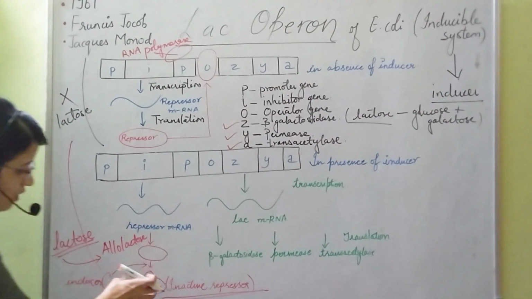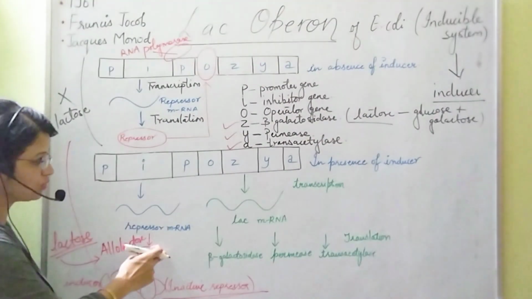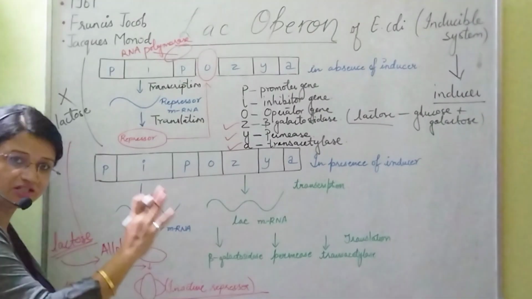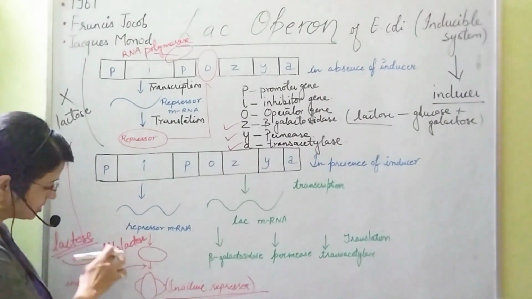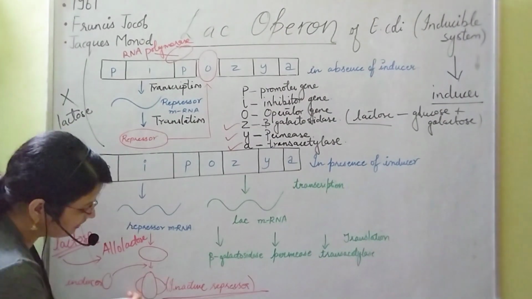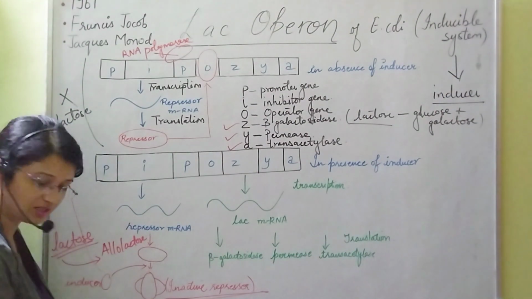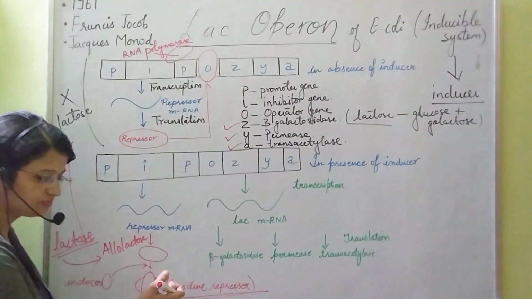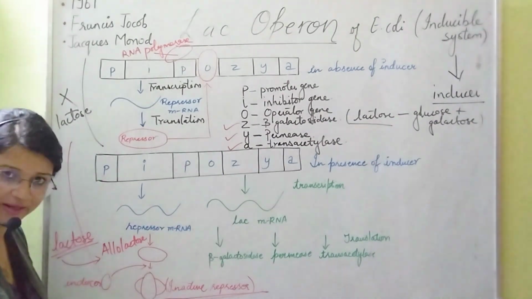Clear? Now this repressor protein has more affinity to allolactose as compared to the operator gene. So it will not bind to the operator gene, it will bind to the allolactose and form a complex, and it is known as inactive repressor, or we can say the inducer repressor complex.